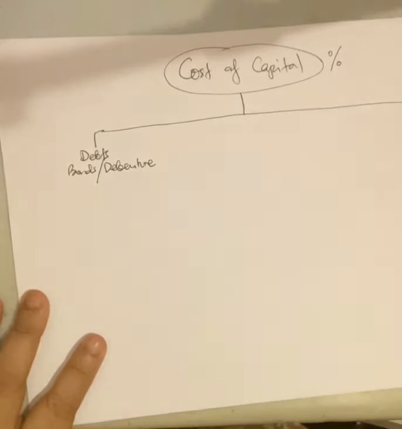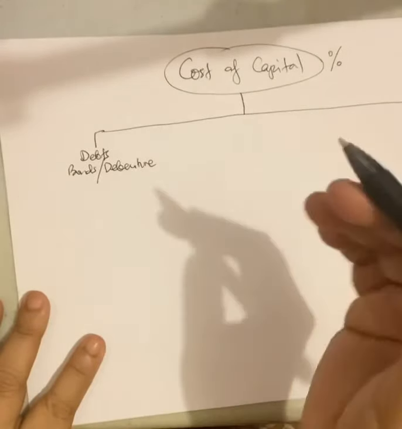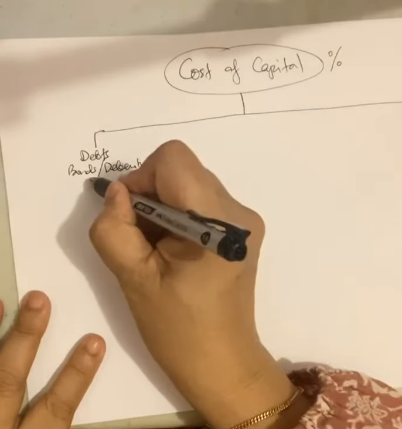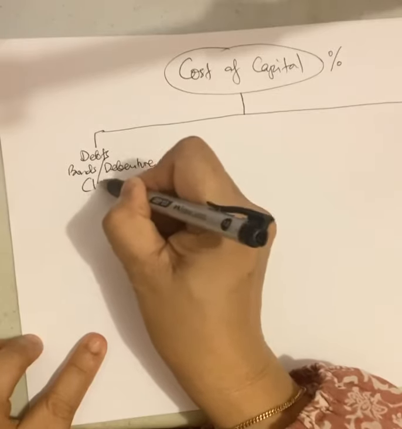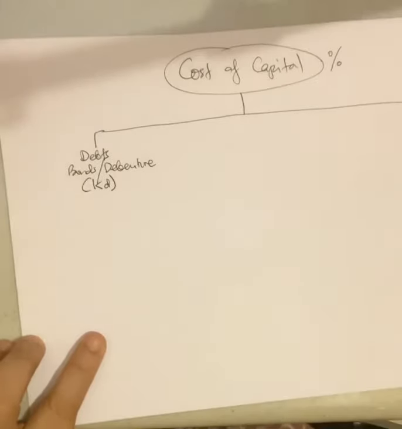Bond or debenture. And then in the illustrations, normally we will use a symbol of KD.